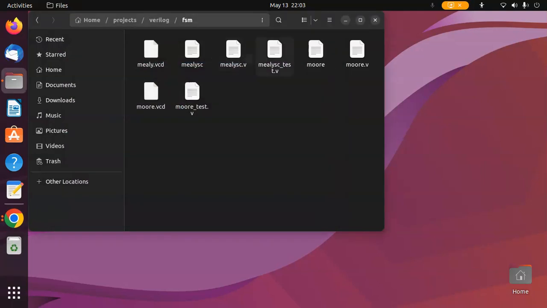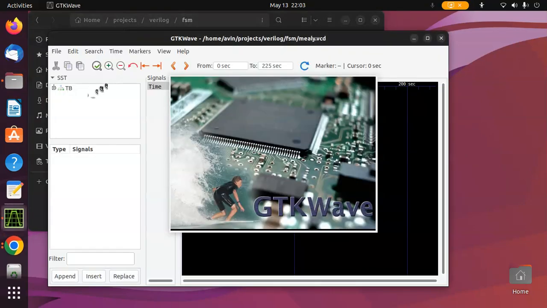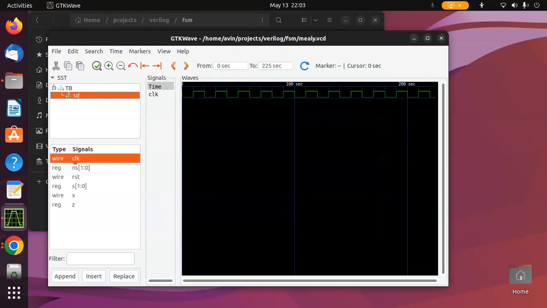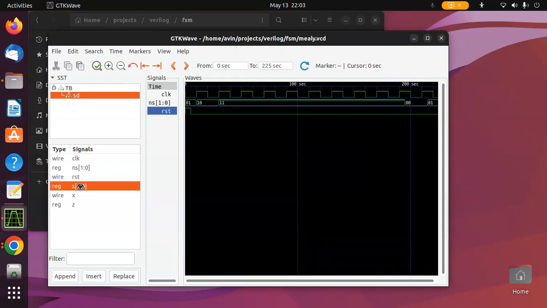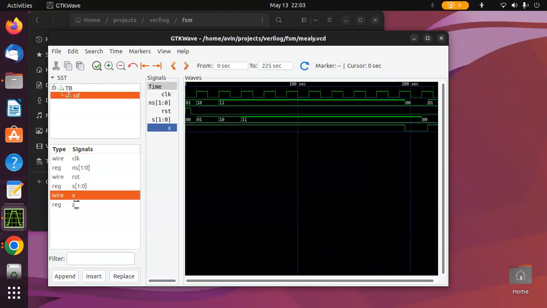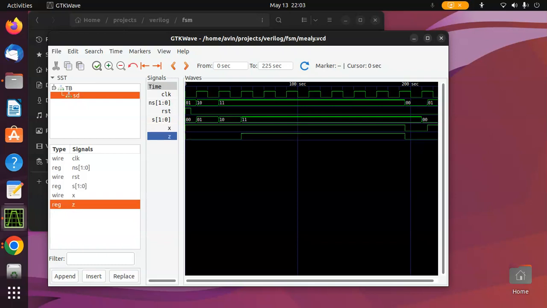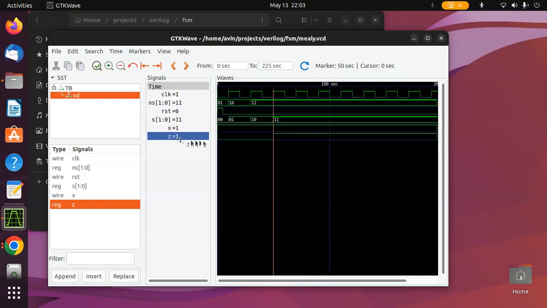So when you look at the waveform in GTKWave, it looks like this. You can see clock, next state, reset, present state, input and output. The next state is correctly implemented, and you can see the output goes 1 when the input is 1 and also the present state is 1 1.